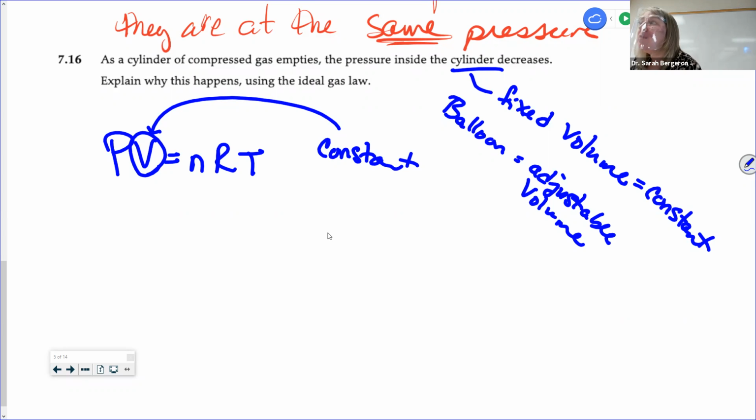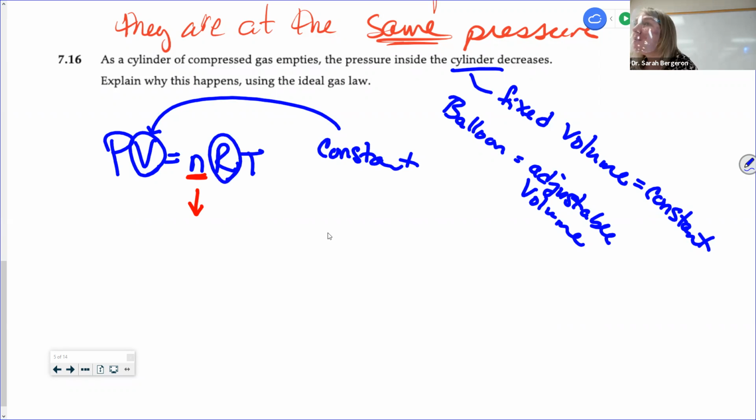Do I still have the same number of moles in the tank as I did initially? No, I've emptied some of the gas particles out. So my number of molecules is going up or down? Going down, right? I'm losing gas particles. Okay, R is a constant, so we don't have to worry about that.